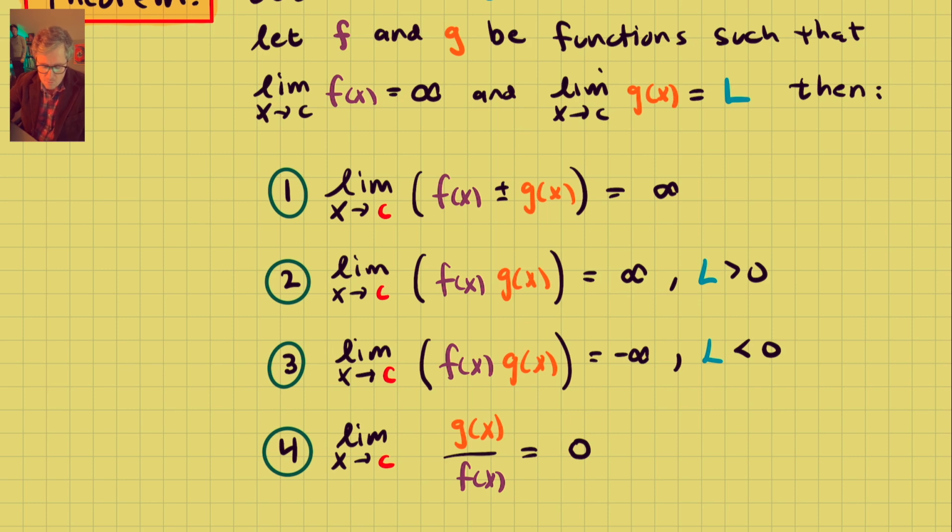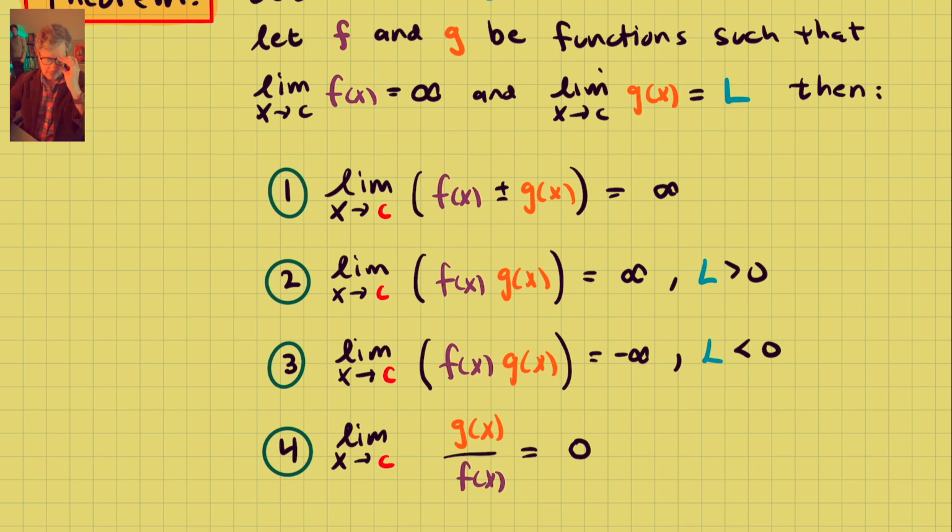Now, whether or not the limit is positive or negative really depends on g, doesn't it? Remember, f just goes to infinity. g is going to go to some finite number. If that finite number happens to be positive, then the limit will be positive infinity. If that finite number happens to be negative, then the limit will be negative infinity.